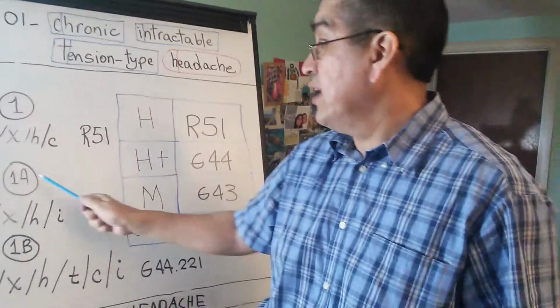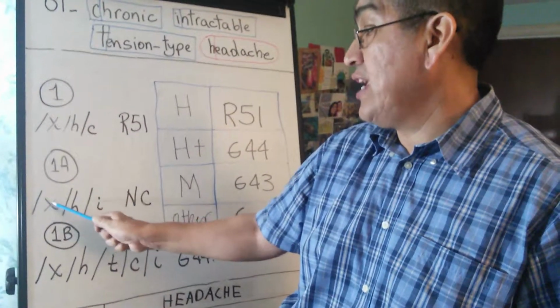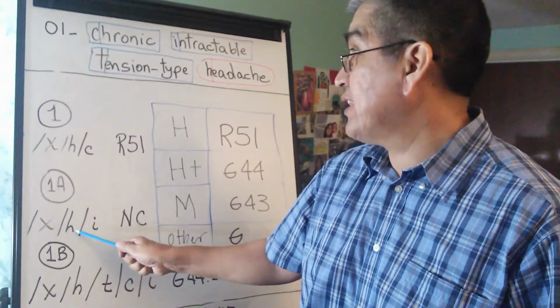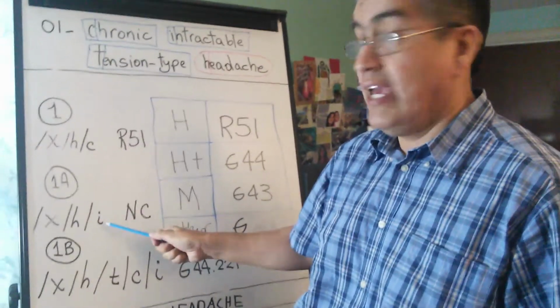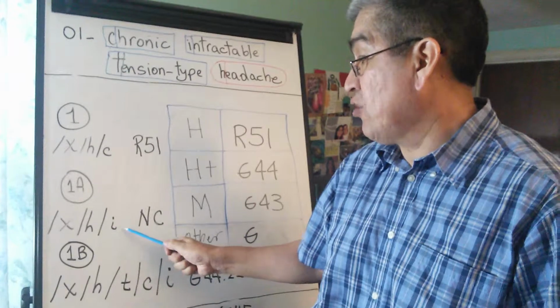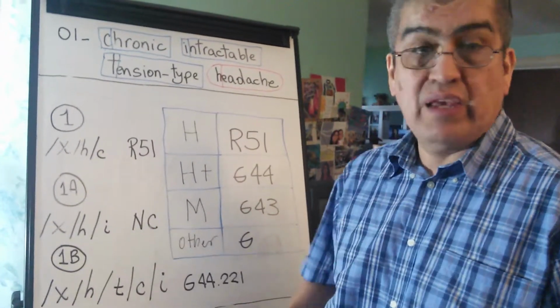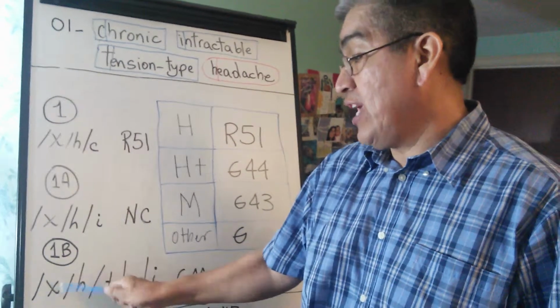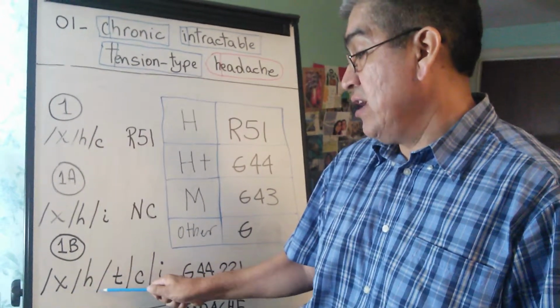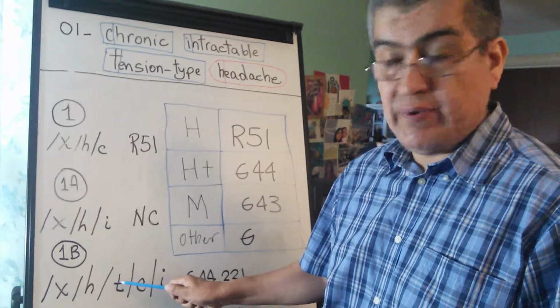So we try again. The second path would be we go to the index, then headache, then the second keyword, intractable. And we don't find intractable, so there's no code here. We try one more time. For the path 1B, we go to the index, we go to headache, we go to tension type.